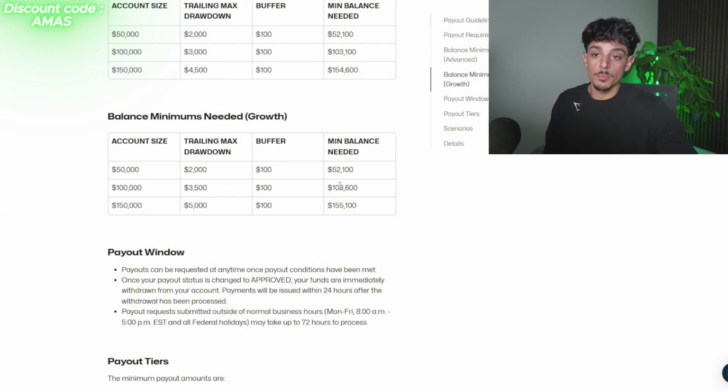So right here, the profit target is 3,600, and the trailing max drawdown, which is end of day rather than equity based, which is intraday, right here on the advanced, end of day $3,500, which in some sort of ways is an easier way to get a payout than on the advanced, depending on your strategy.